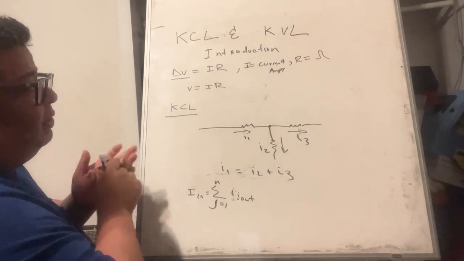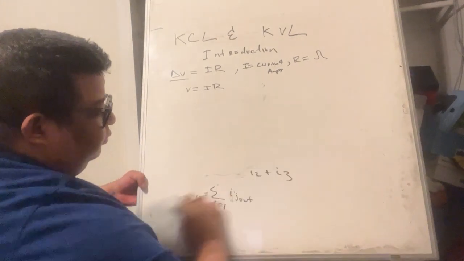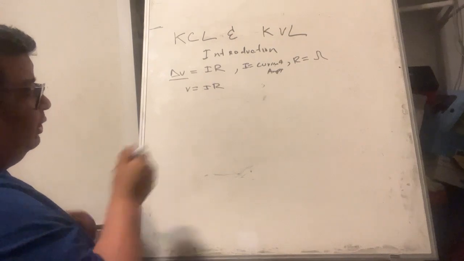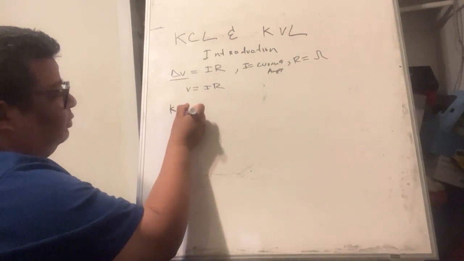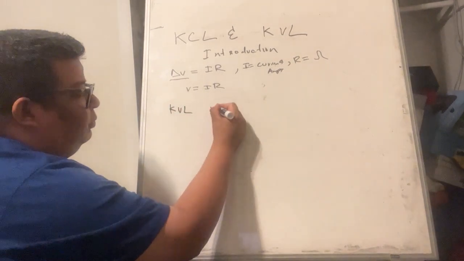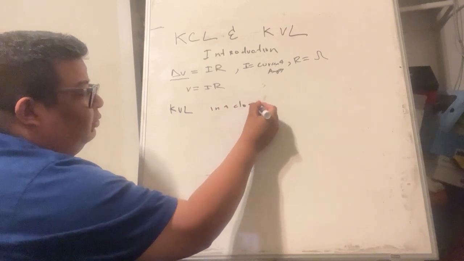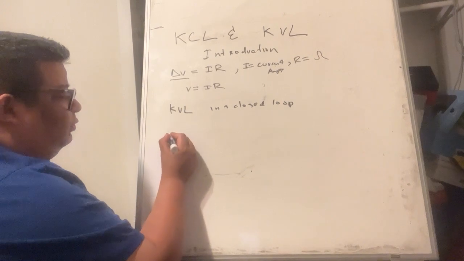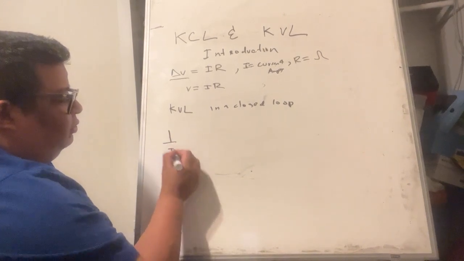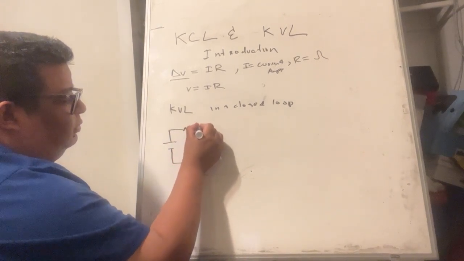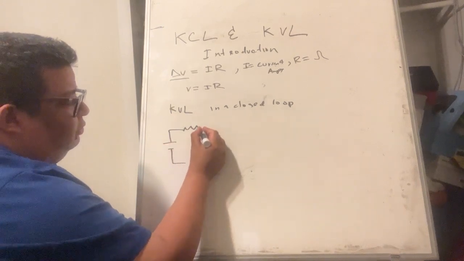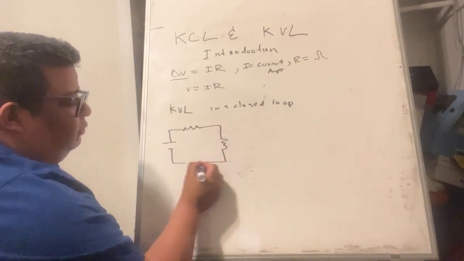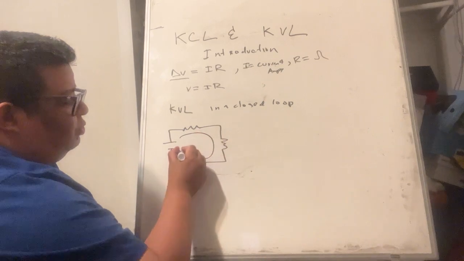Now let me talk a little bit about KVL. What KVL is saying is that in a closed loop, for example, you have a resistor here, a battery here, and another resistor here.